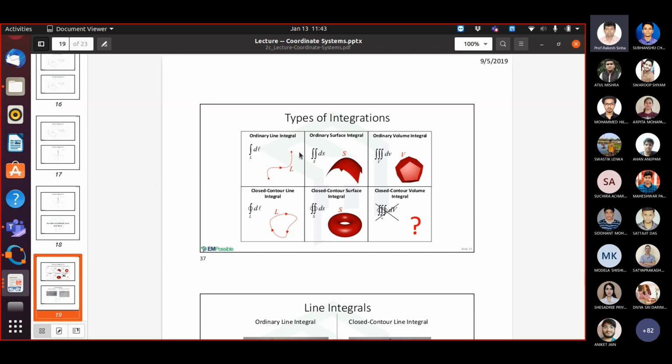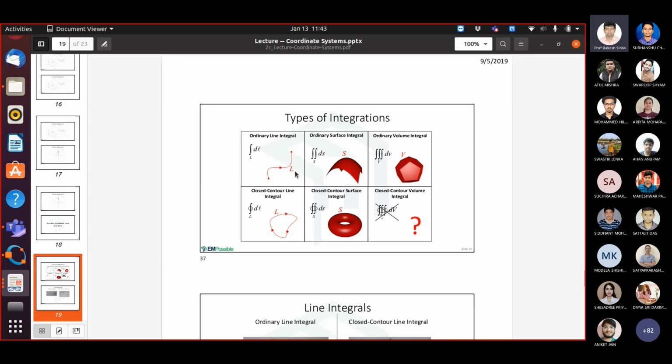So basically force into dl, you have to integrate over this line length L from this point to this point. This is an open integral, and sometimes you have to do a closed path integral. This is the symbol of closed path integral.